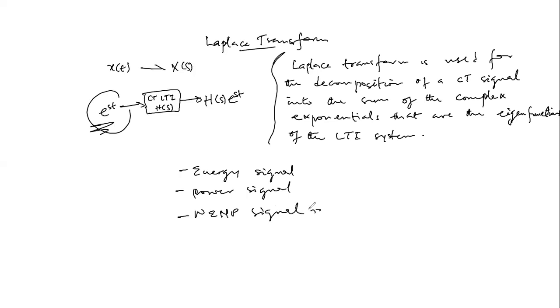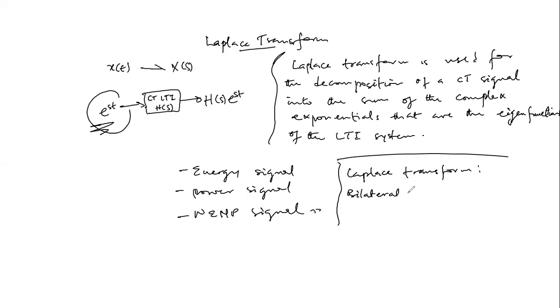And by definition, the Laplace transform is of two types. So we have the bilateral or two-sided Laplace transform, and we have the unilateral or one-sided Laplace transform.